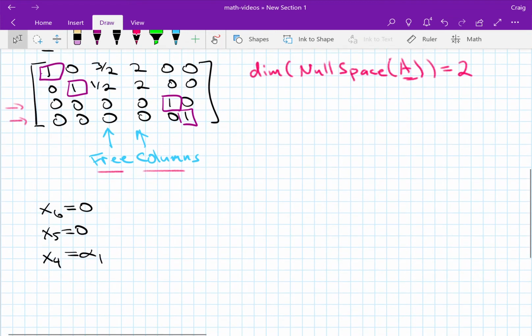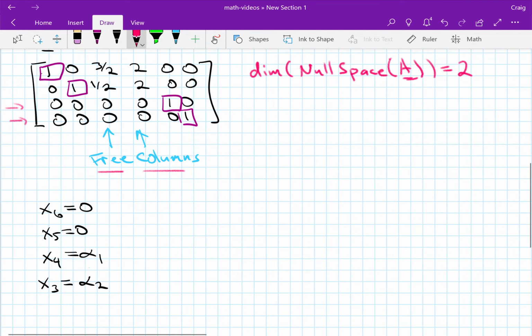We'll call it alpha1. And then same thing for x3. We have a free column, so we'll call that alpha2. So alpha1 corresponds to that free column, and alpha2 corresponds to that free column.